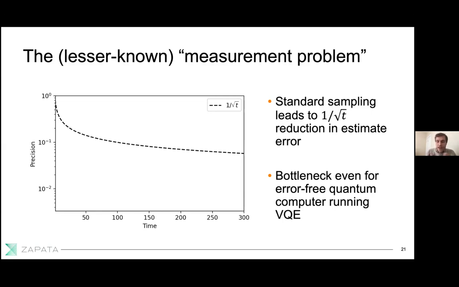I want to point out that this is not just an issue that's due to error on the quantum computer, but this scaling persists even if you're using an error-free quantum computer to estimate these energies with standard sampling. So just to emphasize, this has nothing to do with error on the quantum computer. It's error due to the statistical sampling.